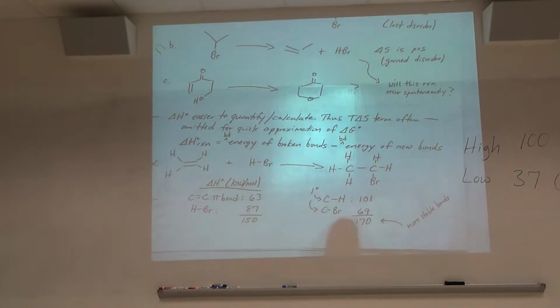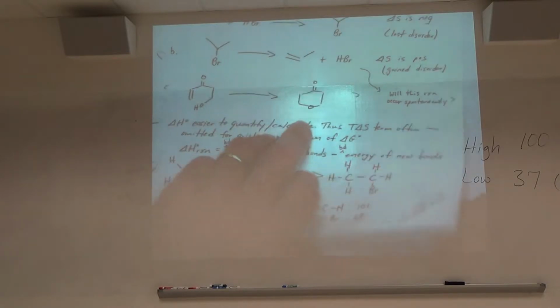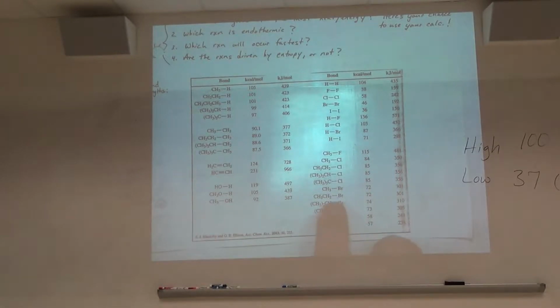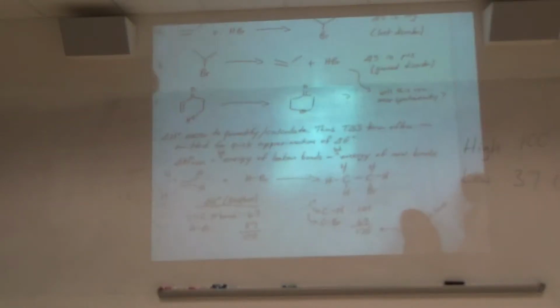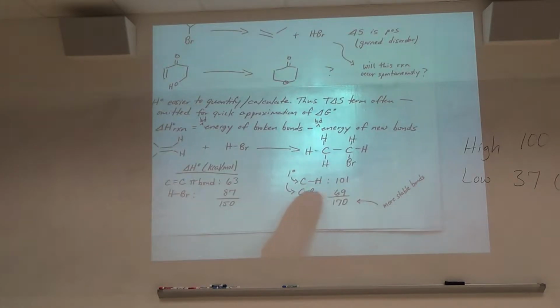And then a CBr bond with the carbon being sp3. What does it say in the table? Yeah, you see, I got this from a different table. The table I got it from said 69, and the carbon's sp3.